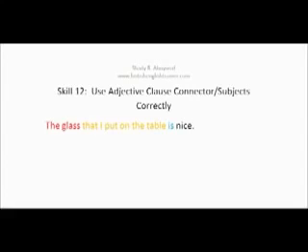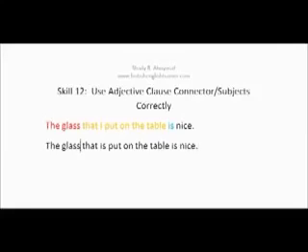Now another sentence here, look at this one. The glass that is put on the table is nice. Now we need to analyze this sentence together. Now the glass, what about it?